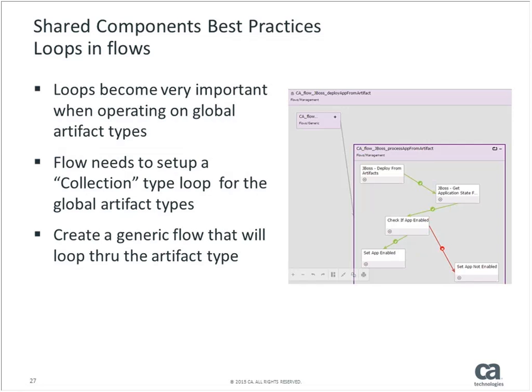What is showing right here at this level, hopefully my pointer is working. Right there, that shows that it actually has a loop. The loop being set up here is based on the collection type, because the global artifacts work at the collection level. By creating a flow that works through this particular artifact type, it allows you to process the given artifacts fairly easily.